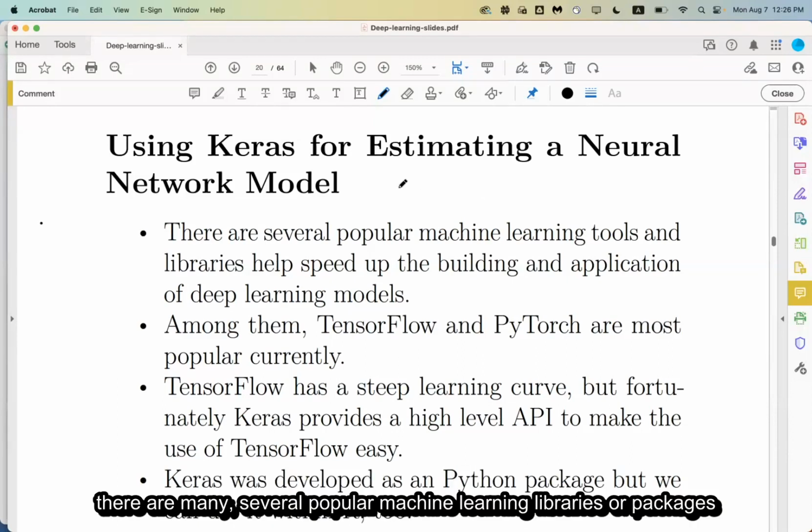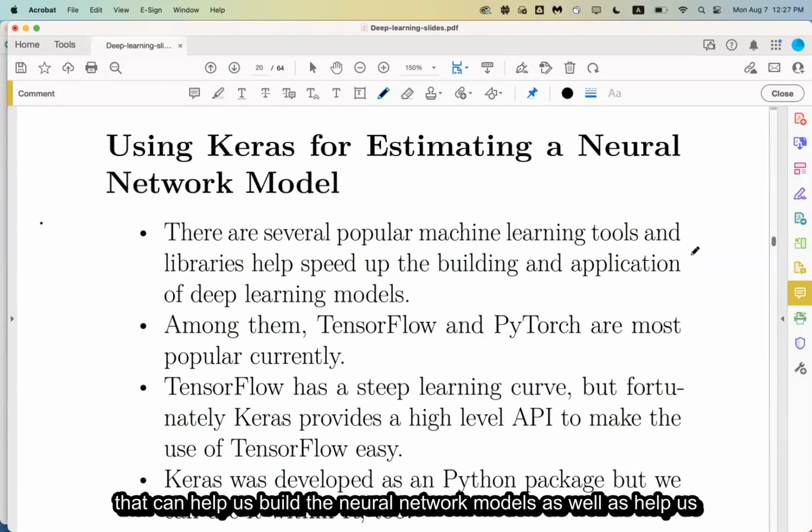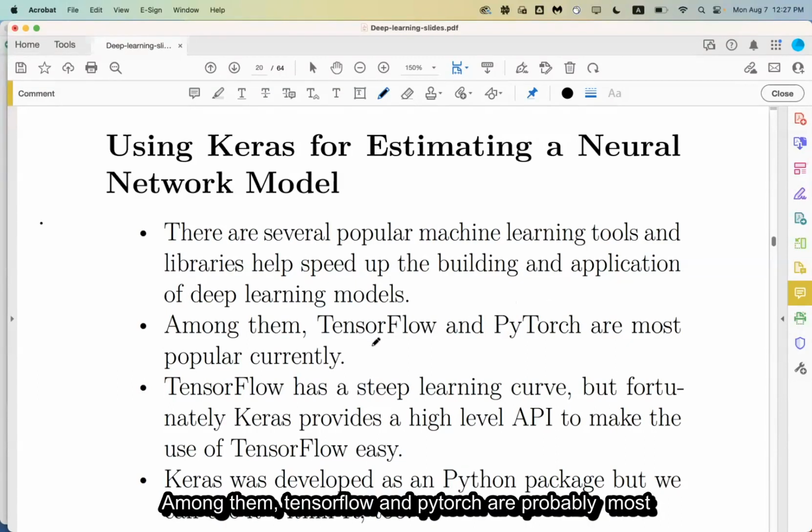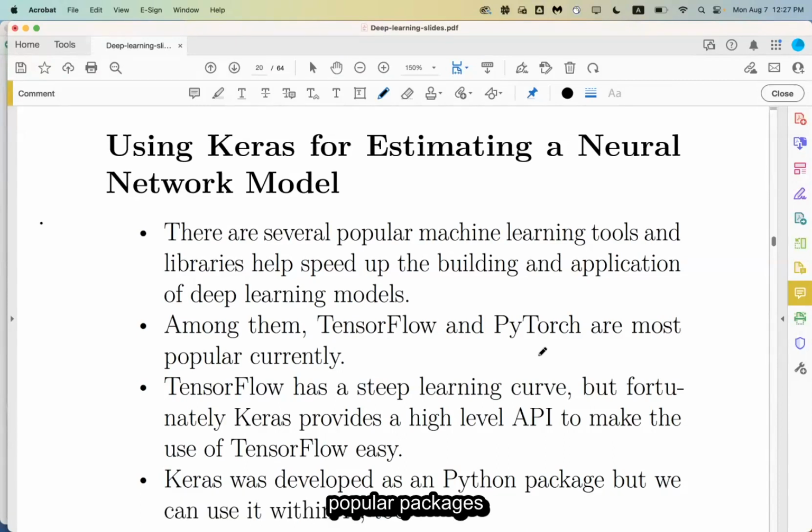Fortunately, there are several popular machine learning libraries or packages that can help us build the neural network models as well as help us estimate the parameters in the model. Among them, TensorFlow and PyTorch are probably the most popular packages used in both industry and academia.